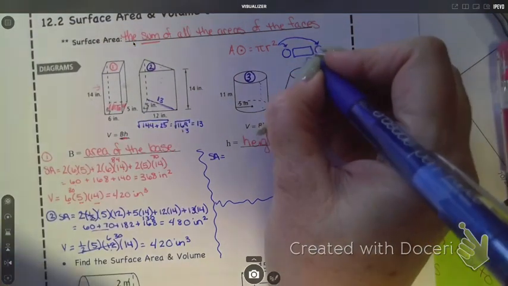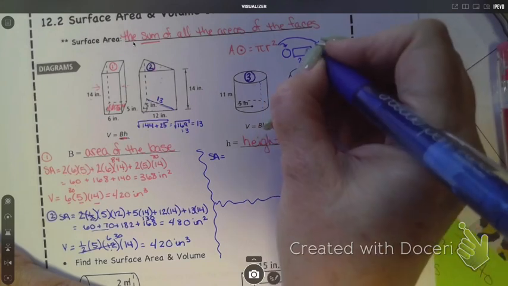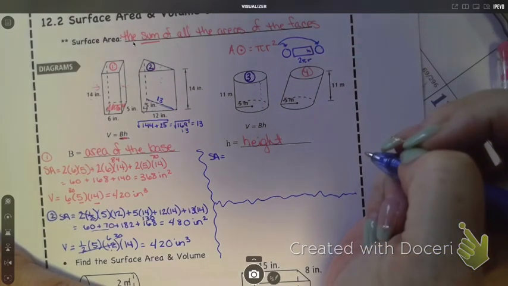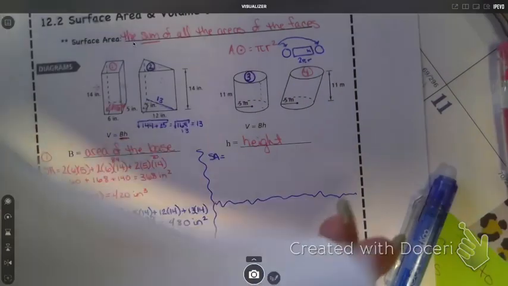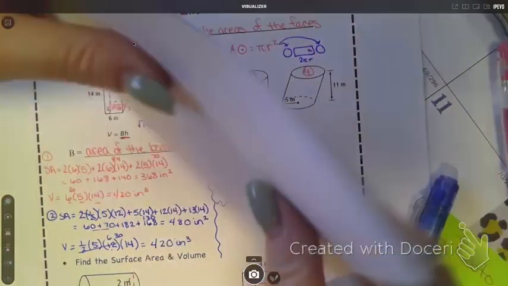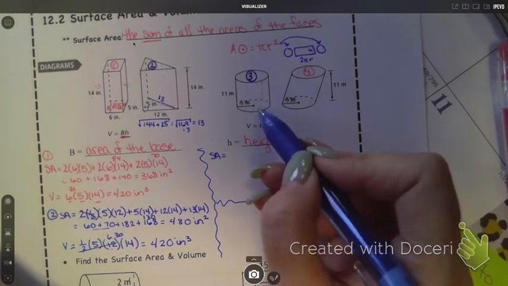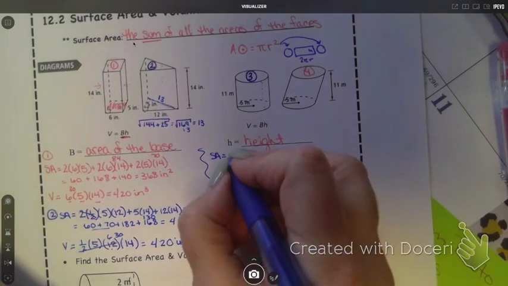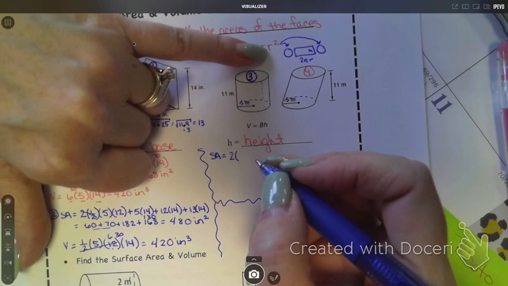But the length of this is going to be 2 pi r times the height. So we're going to do the top because we have 2, right? So 2 times, and the area of a circle is pi r squared, so what's r?